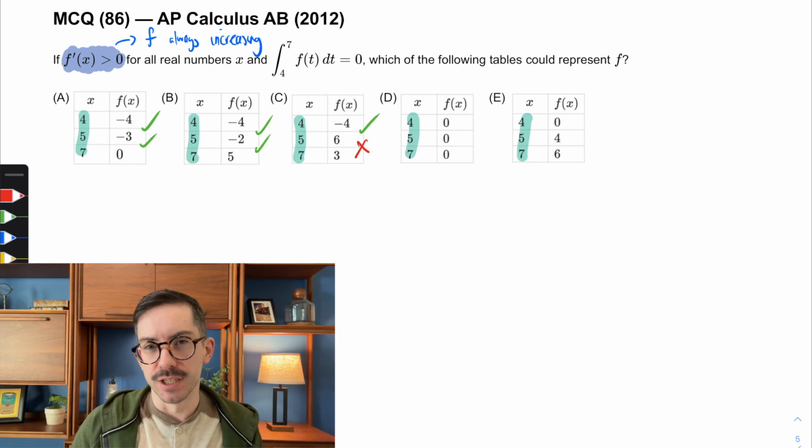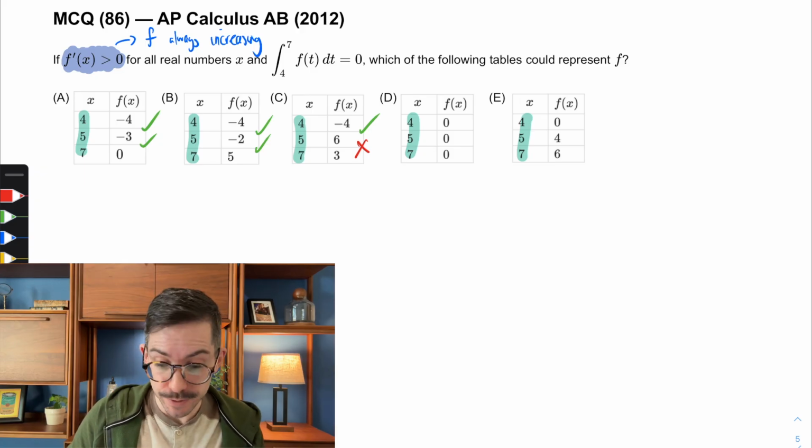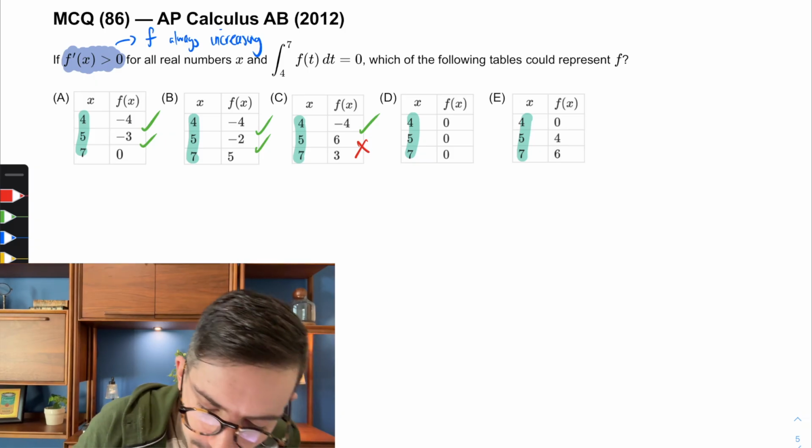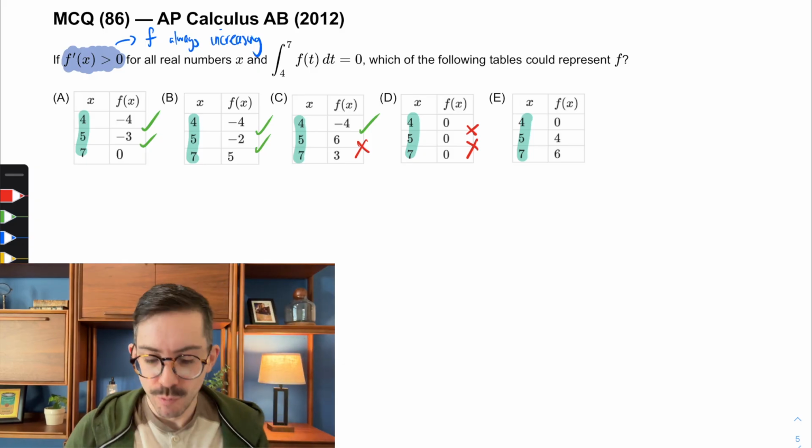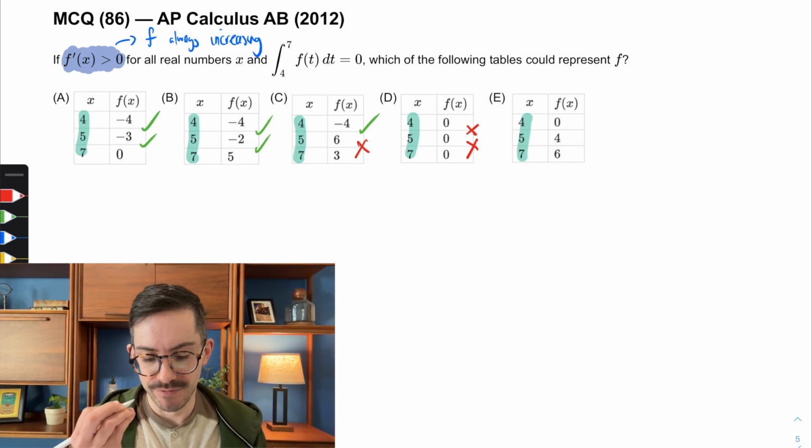So that function is not an increasing function, so it can't possibly be representing our increasing function.